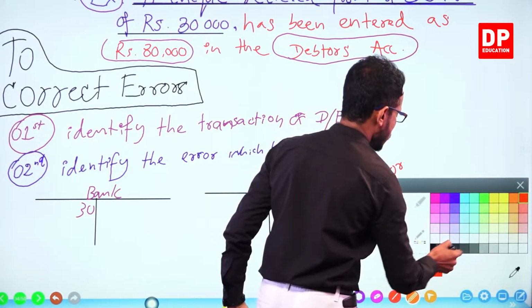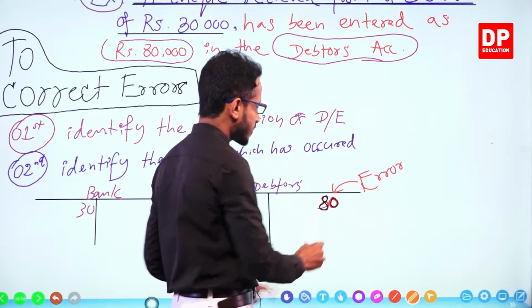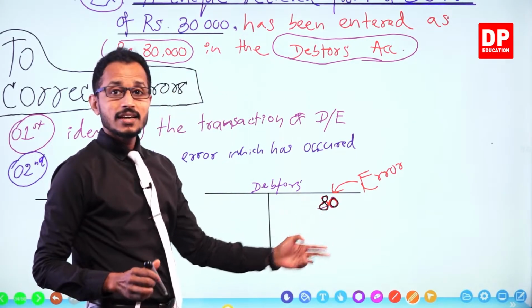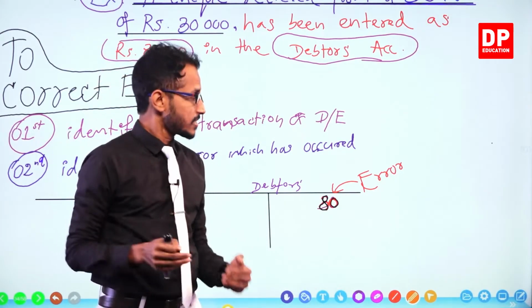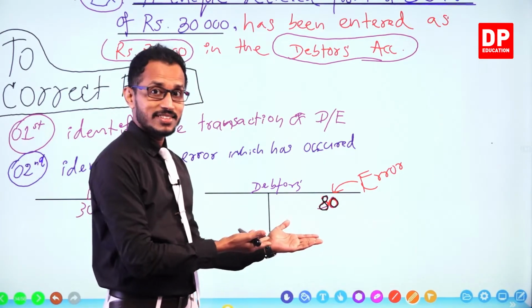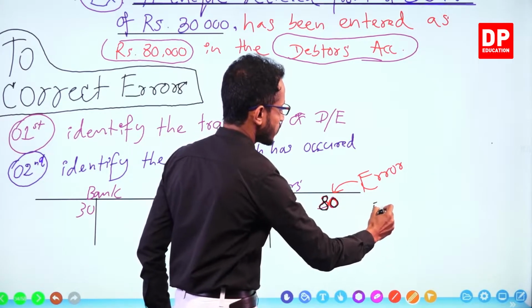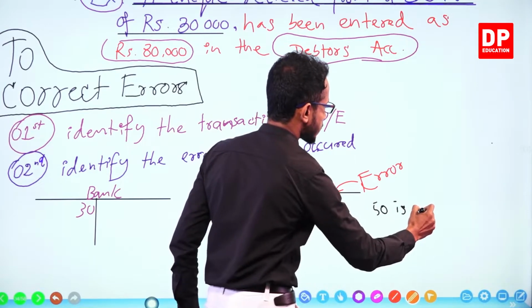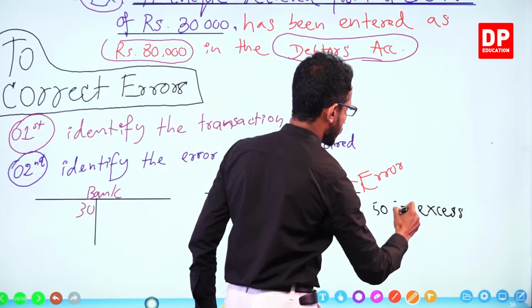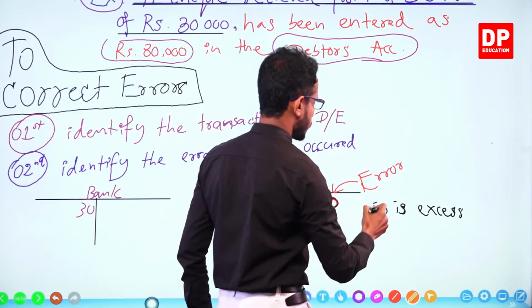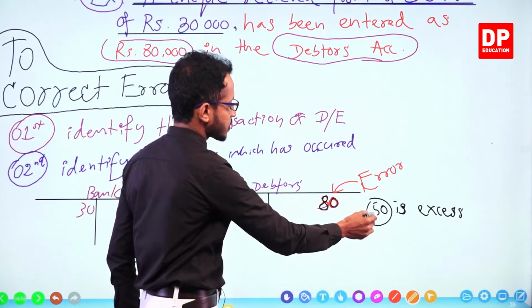How much is excess here? 50,000 is excess here. 50 is excess, right? In this side, 50 is excess.